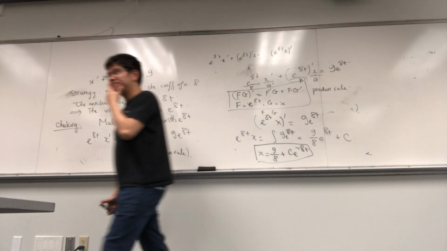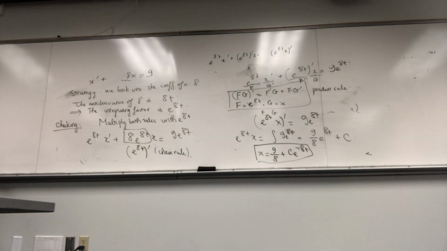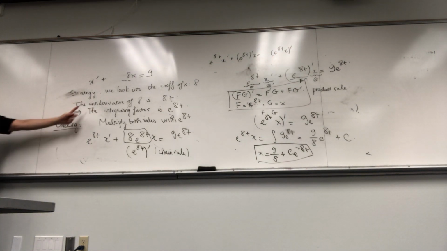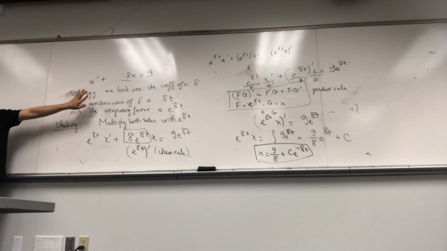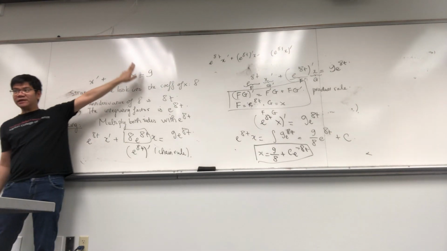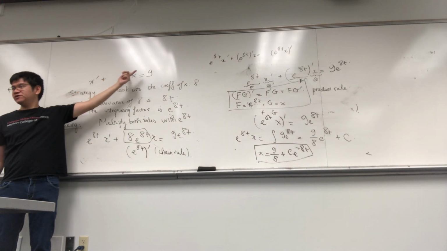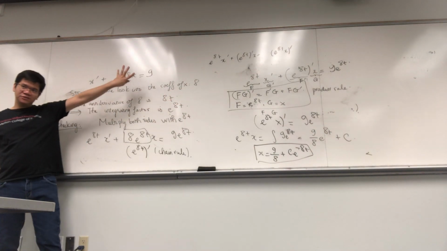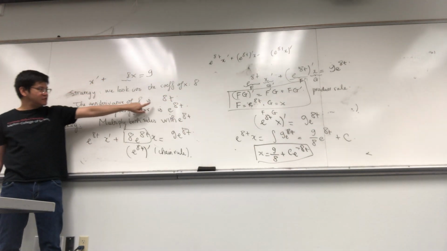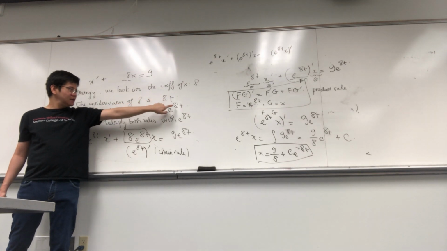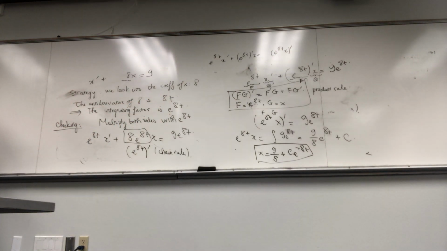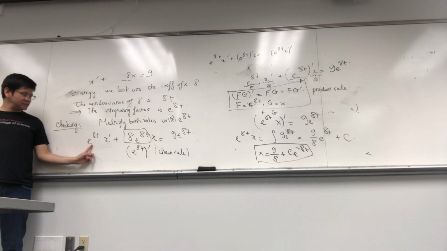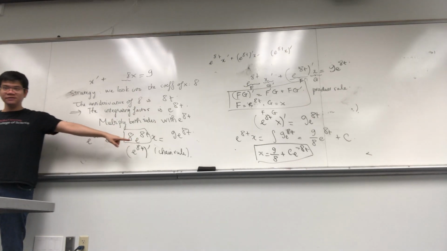Other questions? The key idea here is how to choose the integrating factor. The integrating factor is chosen by looking at the coefficient of x. In this case, this is a. You take the antiderivative of this, which gives me at, and the factor will be the exponential of this function. After I have e to the at, I multiply everything by e to the at.